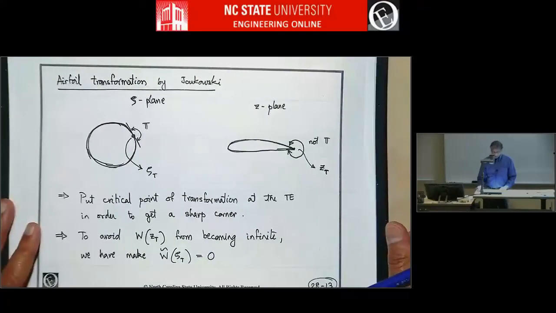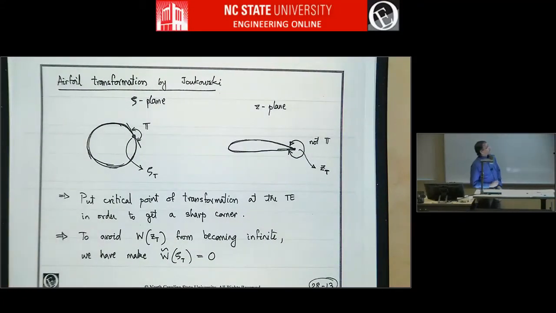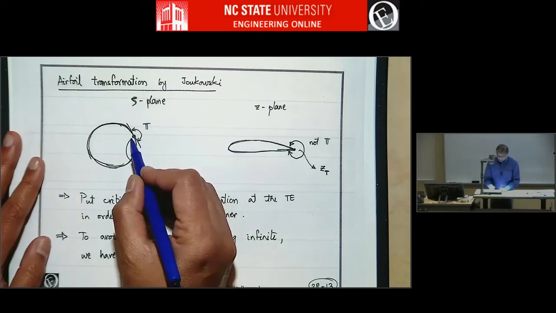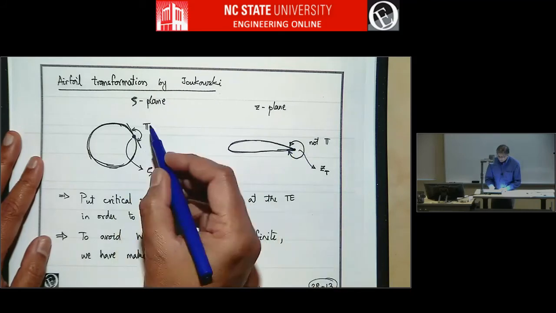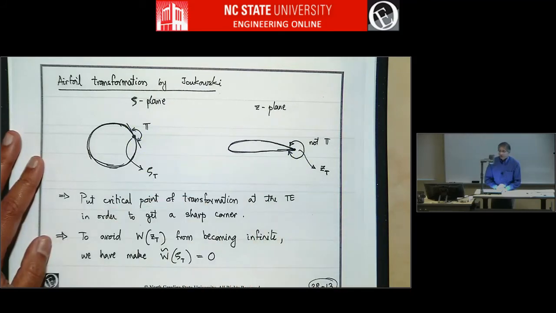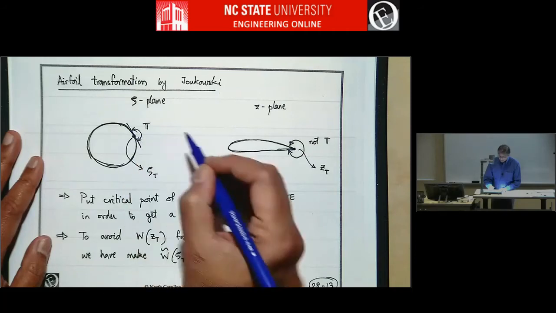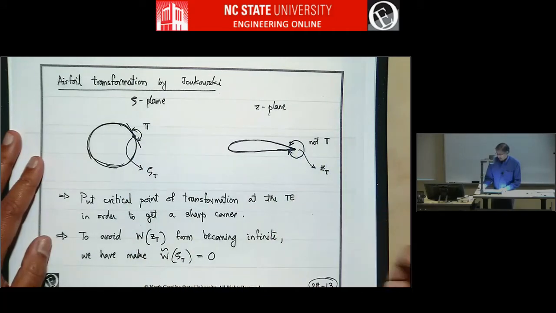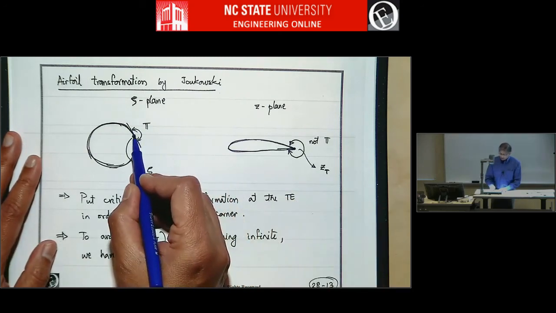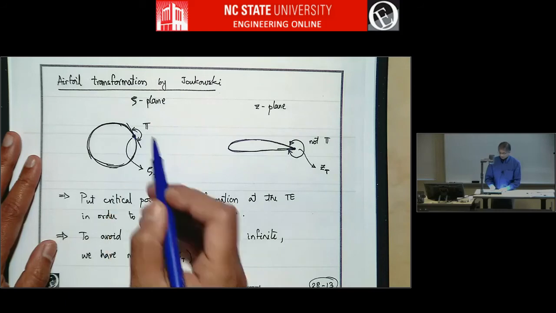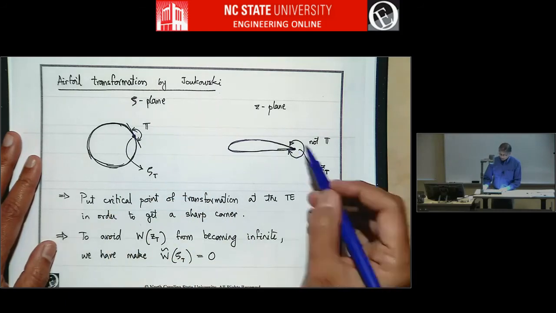When we do the airfoil transformation using Joukowsky or other transformations, let's say this point gets mapped to the trailing edge. We don't want this angle to be conformal because this angle is pi, but this angle is not pi. We want it to be something else. So the only way to do that is to put the critical point here. Only then you'll get a sharp trailing edge.